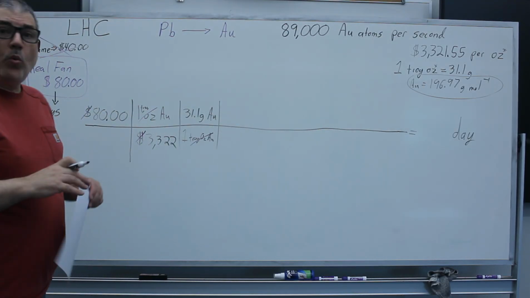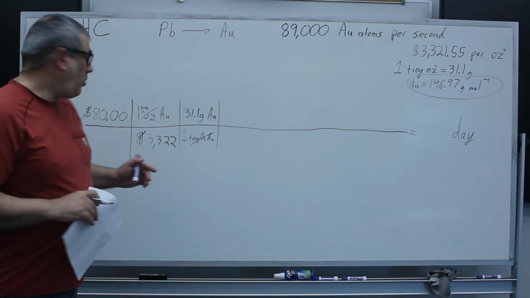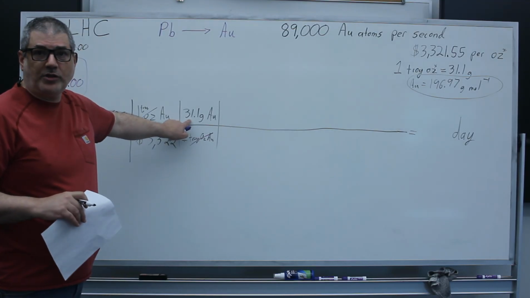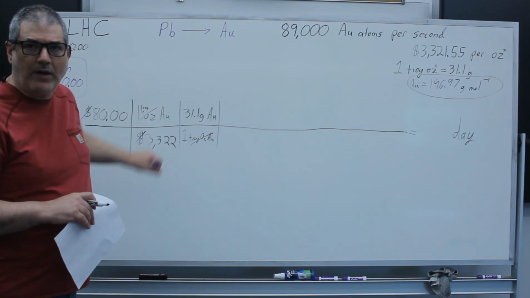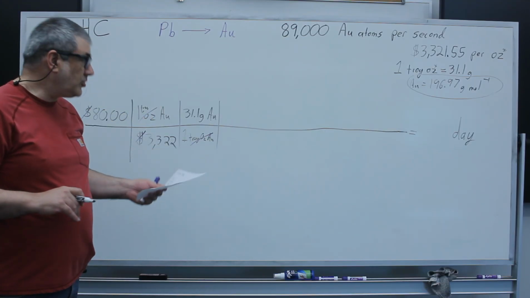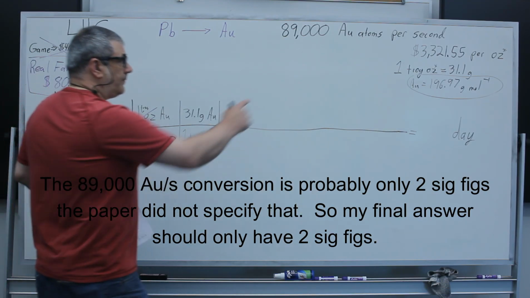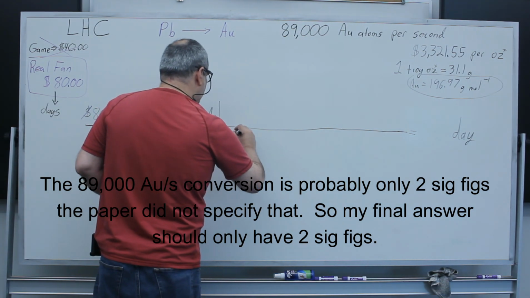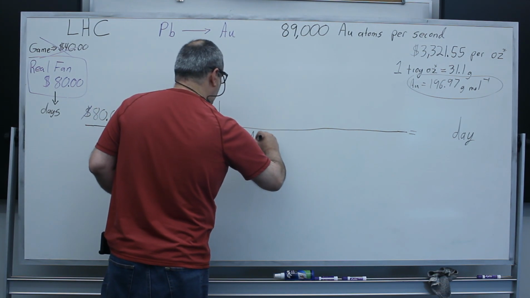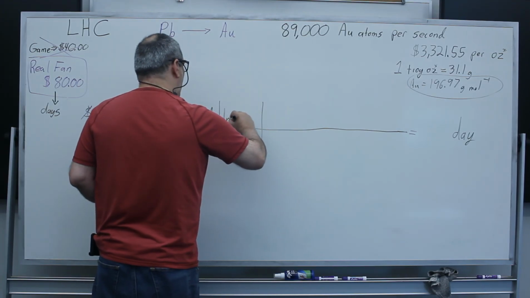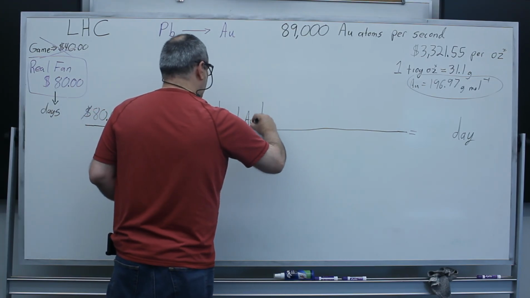By the way, from a significant figure point of view, this conversion is going to drop us to 3 sig figs. That's why I'm not worried about rounding in some of the other stages. So how do we use this? Well, 196.97 grams of gold is 1 mole of gold, okay?